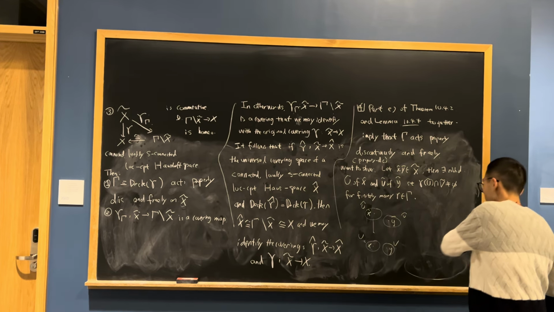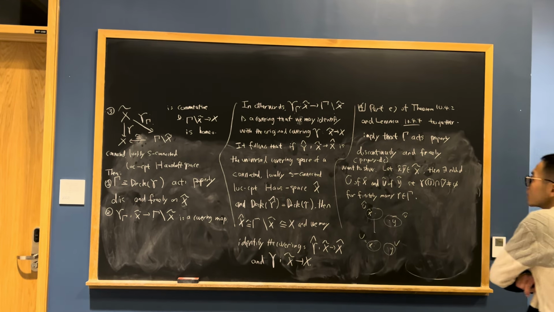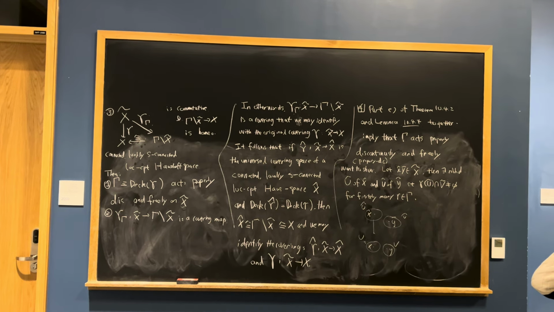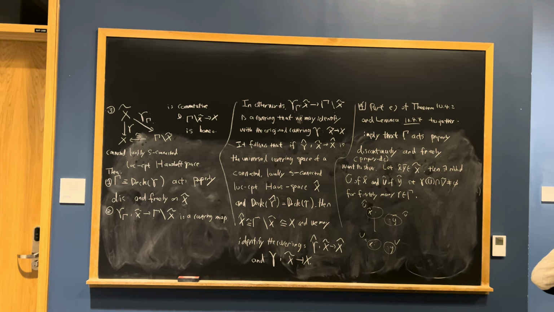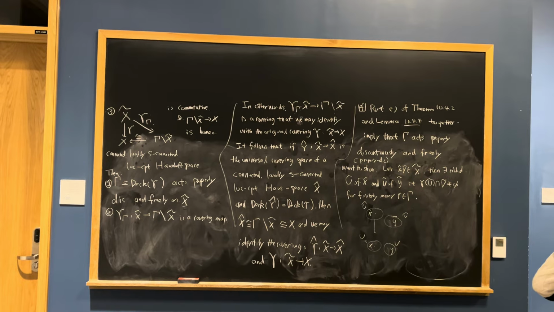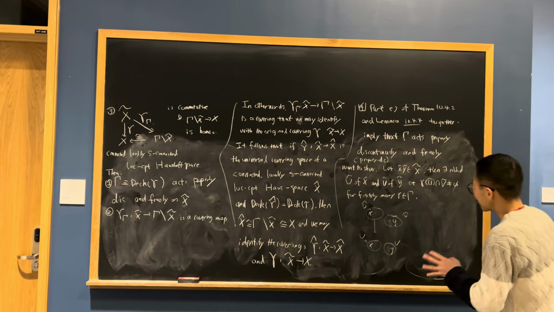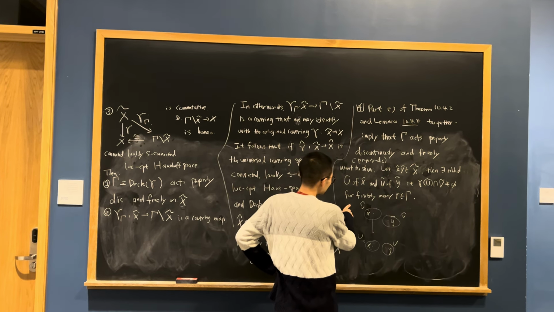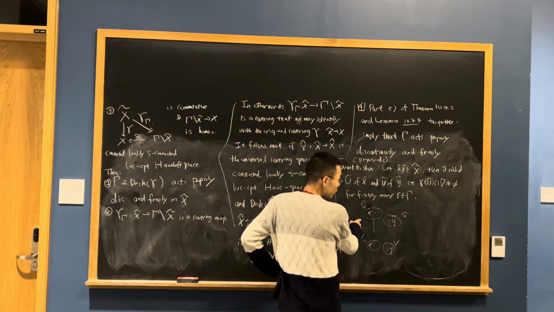So they must be disjoint. So in this case, if they are disjoint, then you apply the deck transformation, you get nothing.